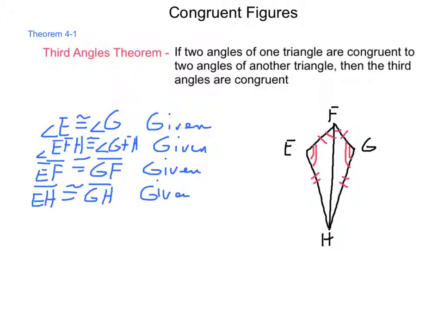Now we're going to have to start looking for our last two. We need two more angles to be congruent, and we need two more line segments. Well, the two more angles can be congruent. We can say that angle FHE is congruent to angle FHG by the third angles theorem.